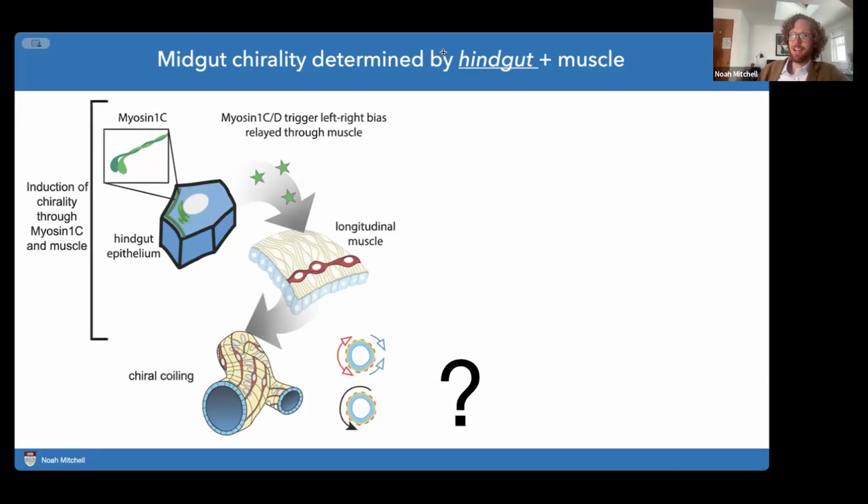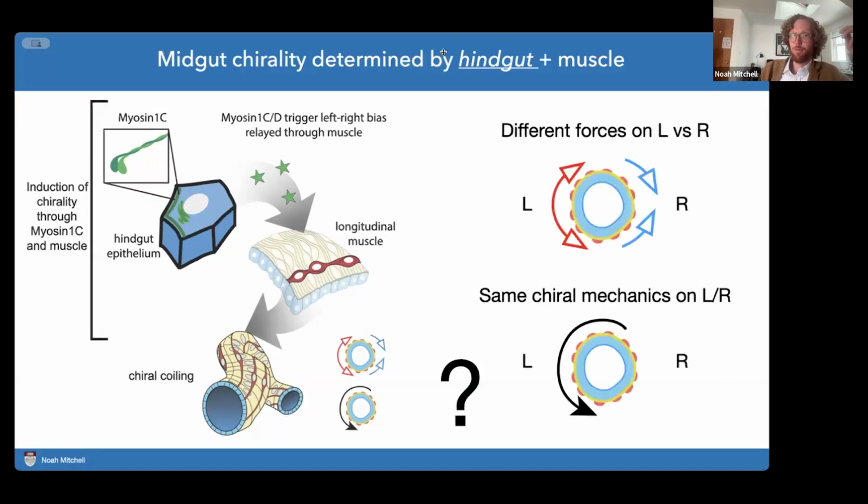Now we really have to invoke a lot of mathematical tools to understand what is the physical process by which this organ is coiling. So now we know a little bit about the cellular determination. How is it doing this sculpting? We can already imagine, and I'll foreshadow, that you could have left-right asymmetric contractions, or you could have a tube that sort of twists.